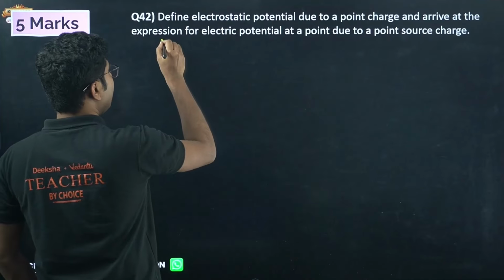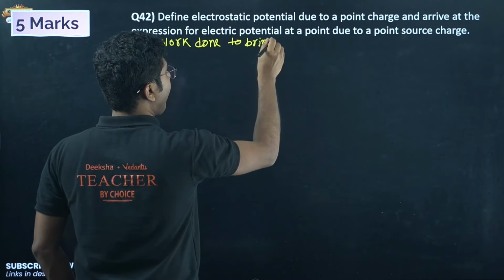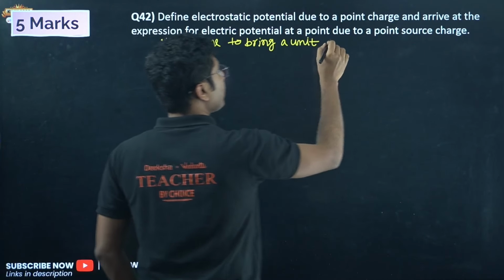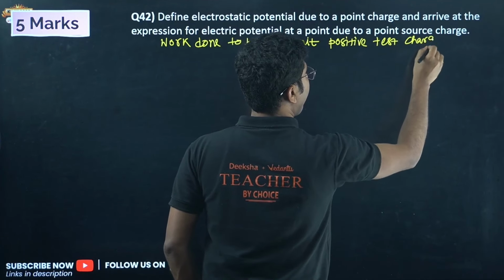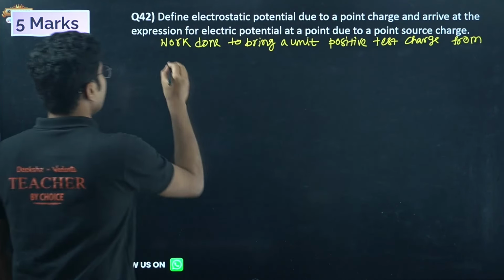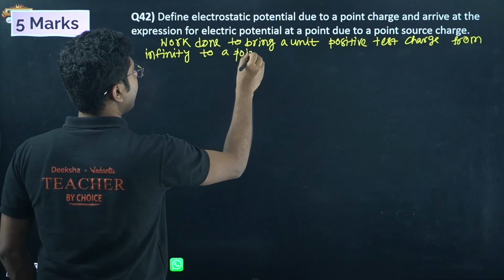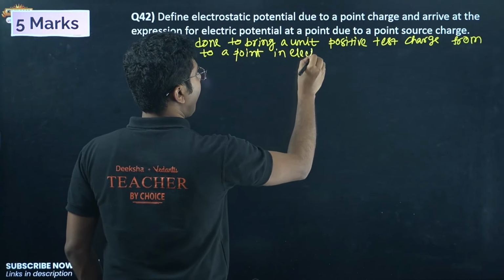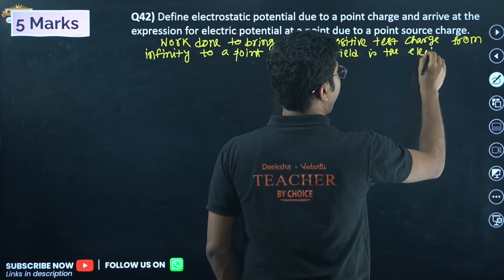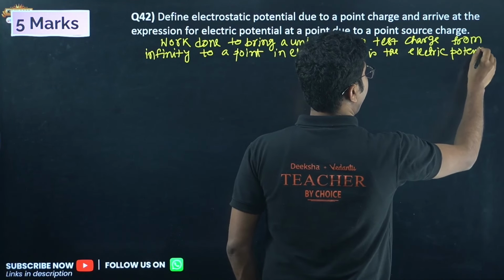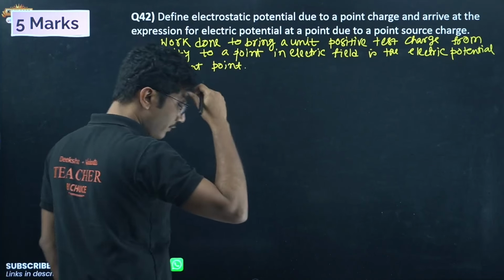Electrostatic potential is the work done to bring a unit positive test charge from infinity to a point in electric field is the electric potential at that point. Right, this is the definition of electrostatic potential at any point.